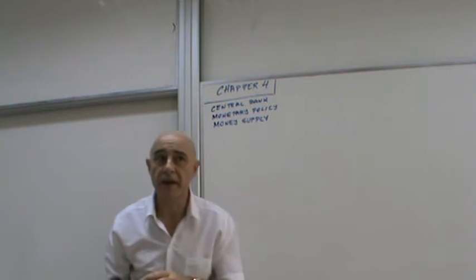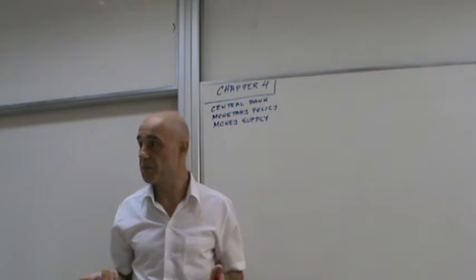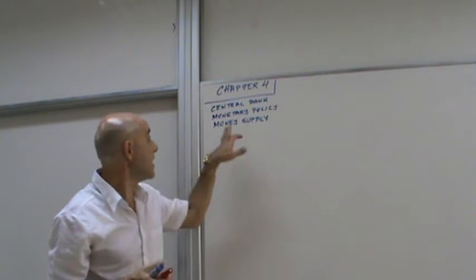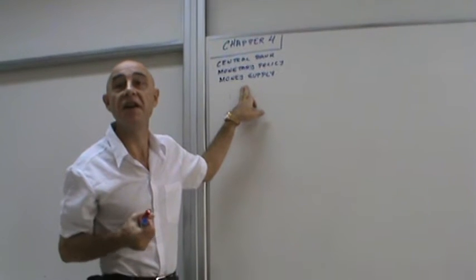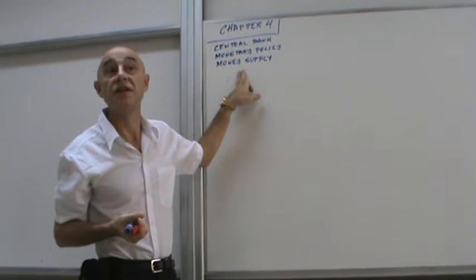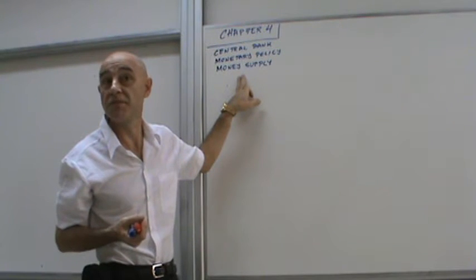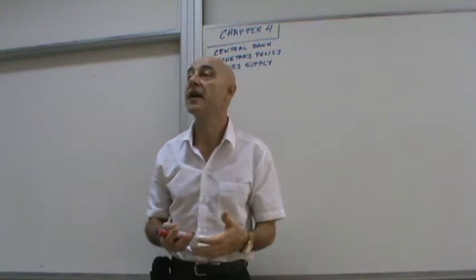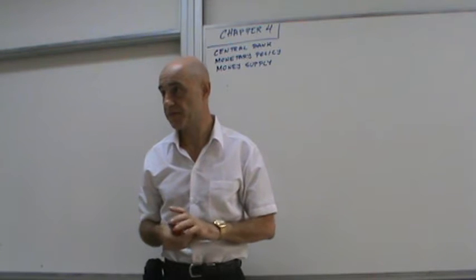Money supply has two definitions. They are similar, and one is a little bit more correct. It is the quantity of money in circulation. The quantity of money in circulation is determined by banknotes and demand deposits.